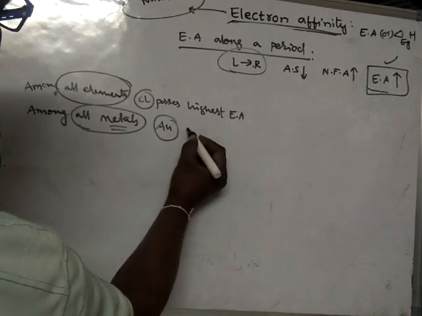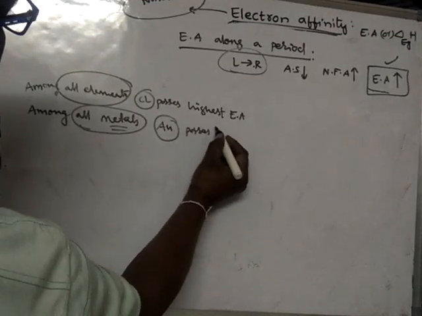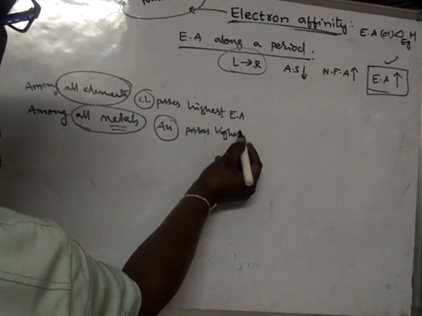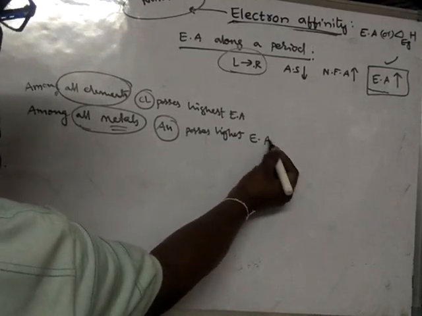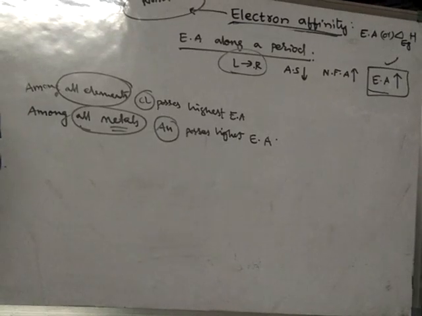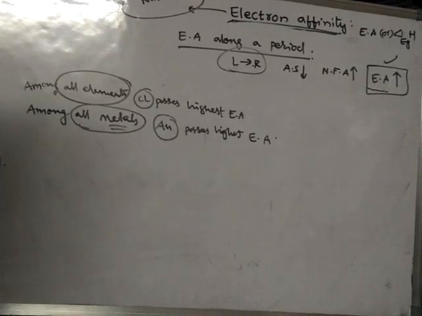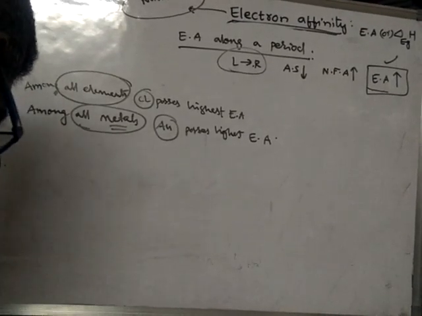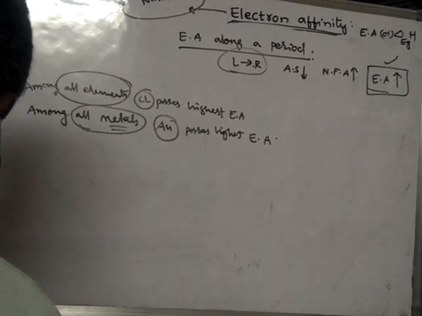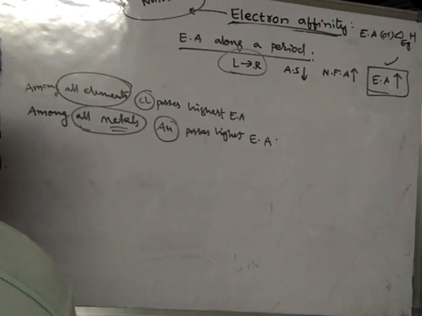Gold possesses the highest electron affinity. Like this, electron affinity can be studied.